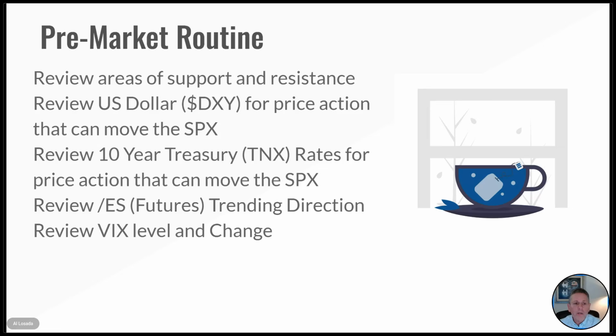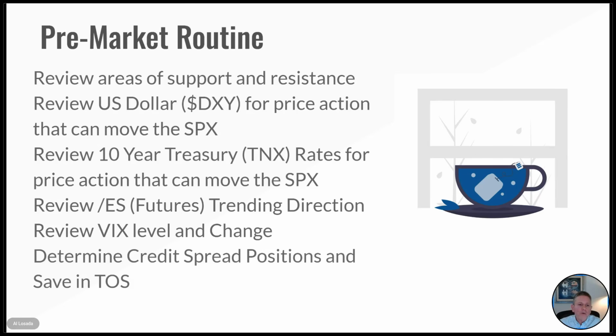The important part of the VIX is that you have a higher positioning, and so it's very important to make sure that you can manage that. Okay. All right, and determine the credit spread positions and save those when you place a trade.